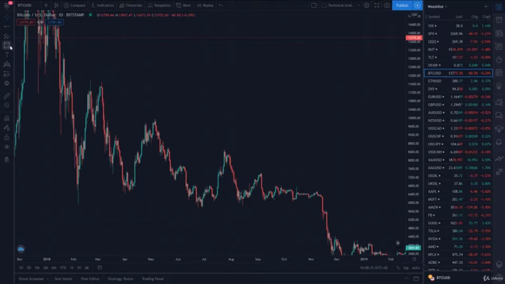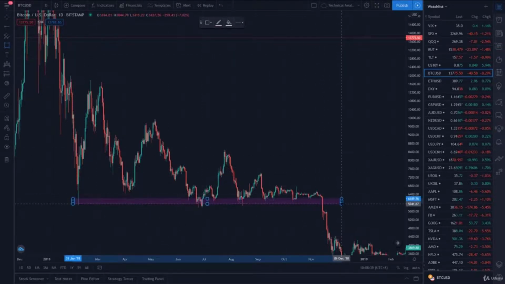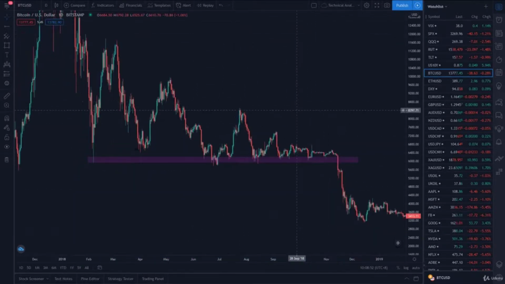And usually what happens is that if you test support many times, and each time you test it and bounce back up, it becomes a lower high, then the energy of breaking down the support actually gets even larger, because the forces of breaking down the support keep getting larger and push price so near that support level. And over a long period of time, that usually happens where the support will just break down.